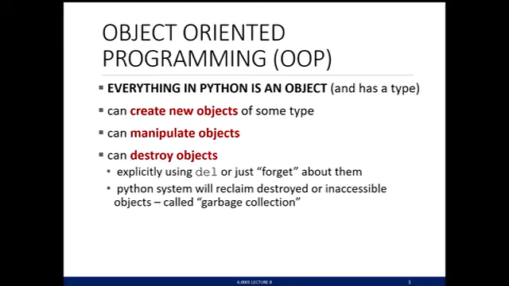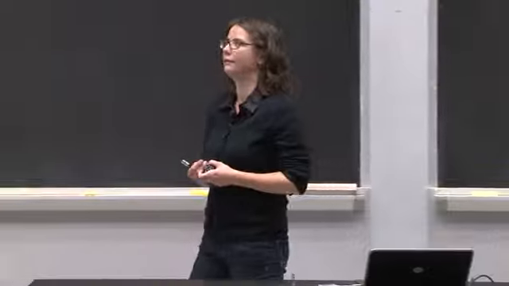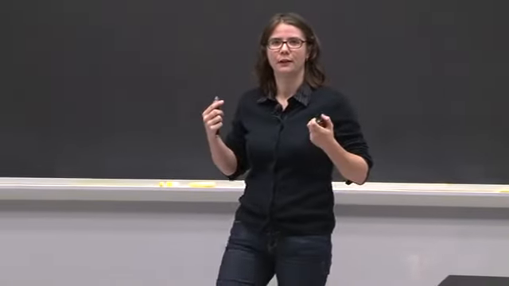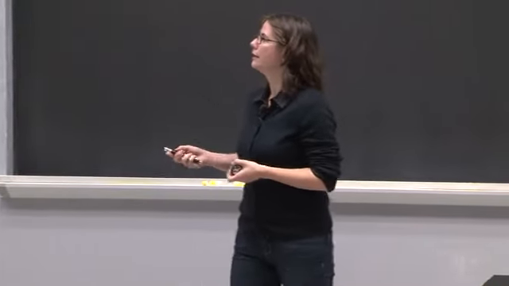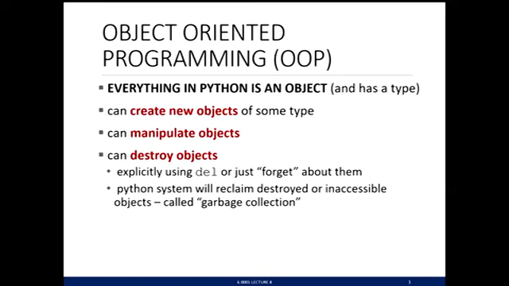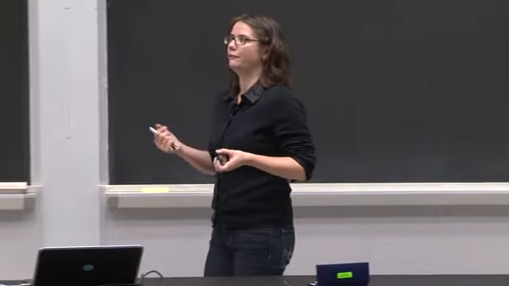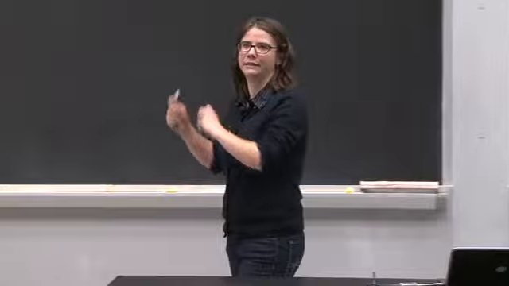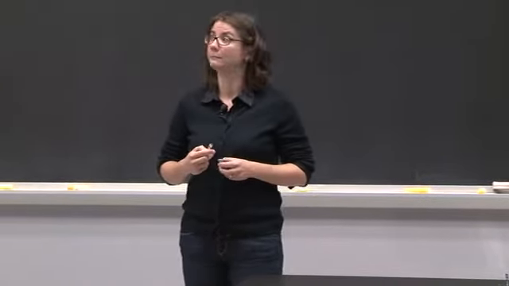You can delete an item, remove it, concatenate two lists together. So those are ways that you can interact with objects. And the last thing you can do is you can destroy them. So with lists, we saw explicitly that you can delete elements from a list, or you can just forget about them by reassigning a variable to another value, and then at some point, Python will collect all of these dead objects and reclaim the memory.